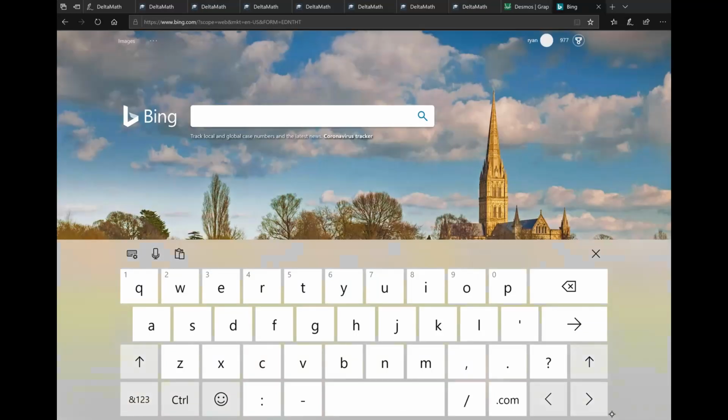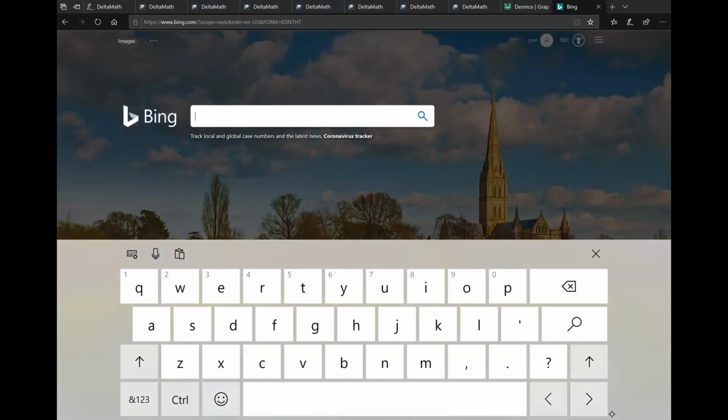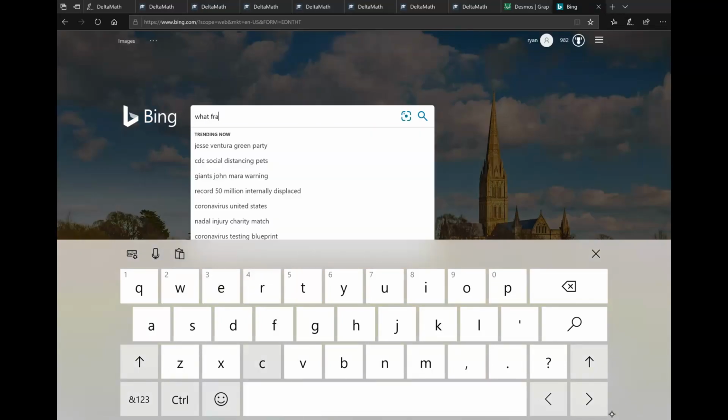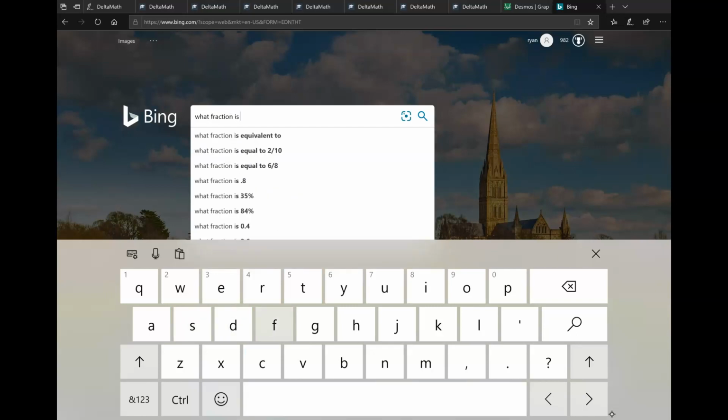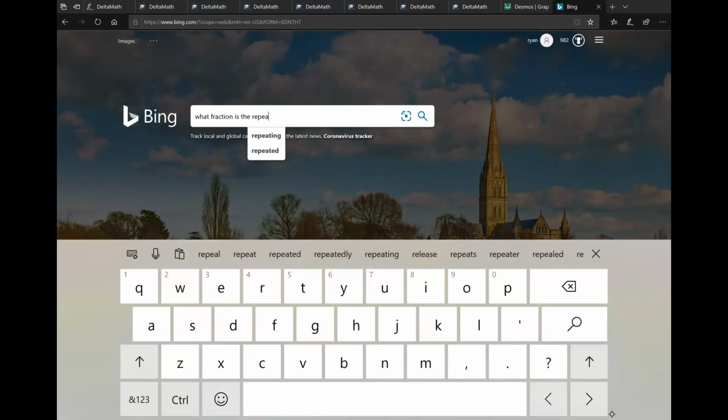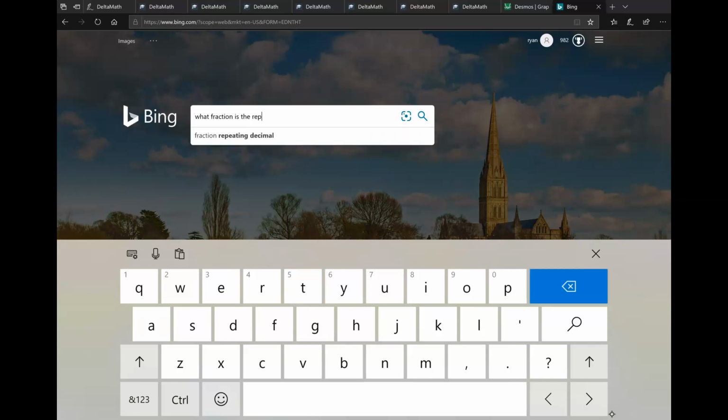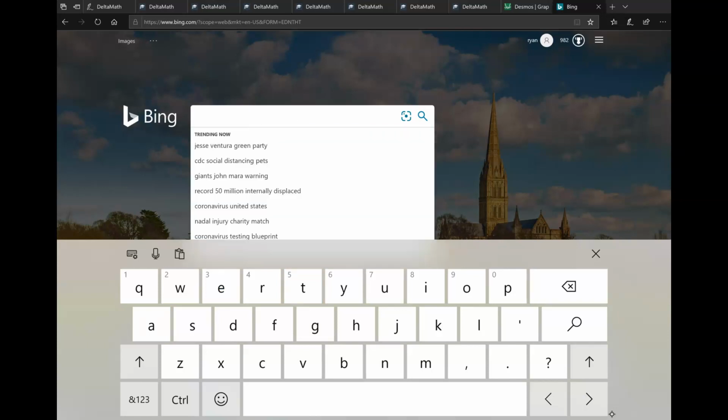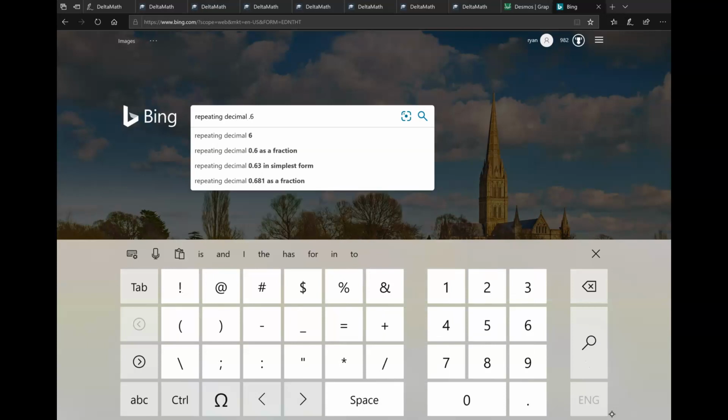Okay, this apparently is not working, so we're just going to Google it. So I want to know what fraction is the repeating decimal 0.6 in fraction.